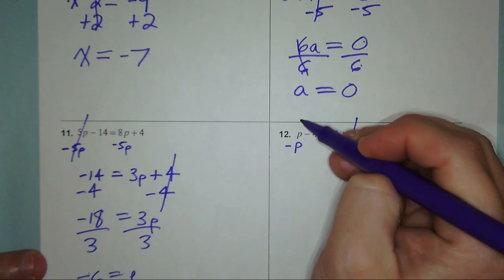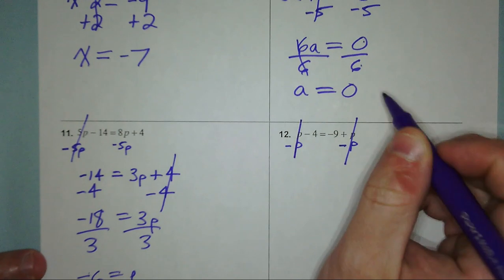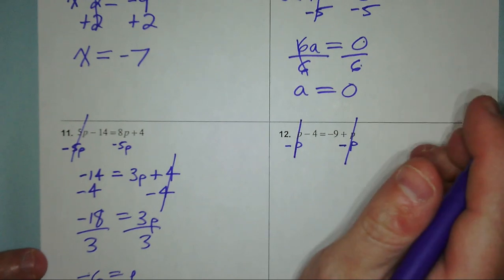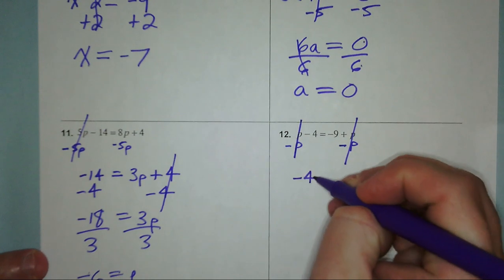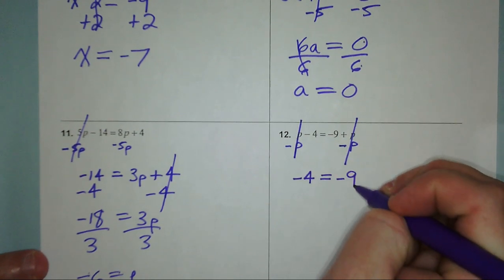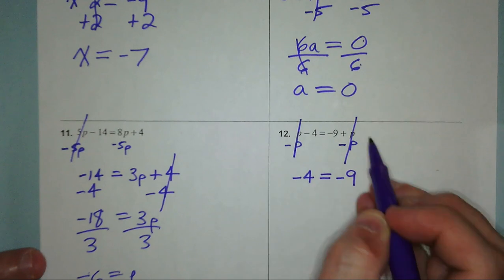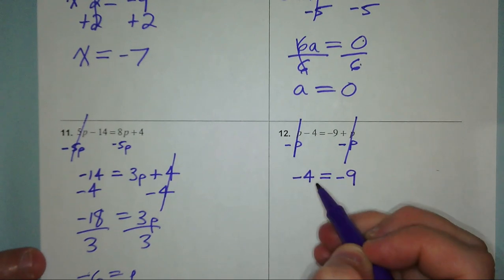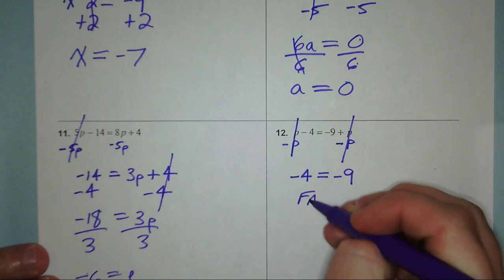This is also gone. So our variable totally canceled out. And what was left over is -4 equals -9. It's technically 0p over here, but really, -4 equals -9, which is false.